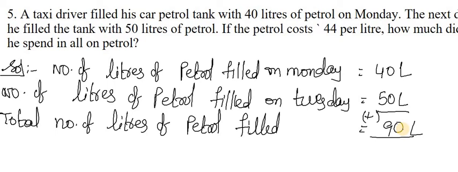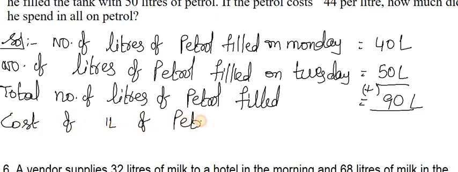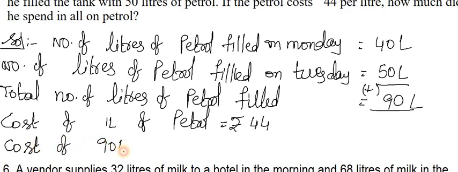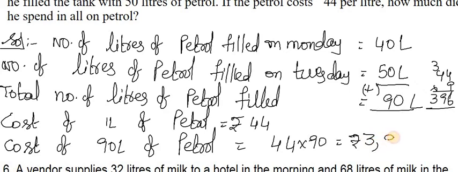And now we are going to find out for 90 liters how much amount he has to pay. Cost of 1 liter of petrol is equal to 44 rupees. Cost of 90 liters of petrol is equal to 44 into 90. 9 4s are 36. Again 36 plus 3, 39. So he has to pay 3,960 rupees for the petrol.